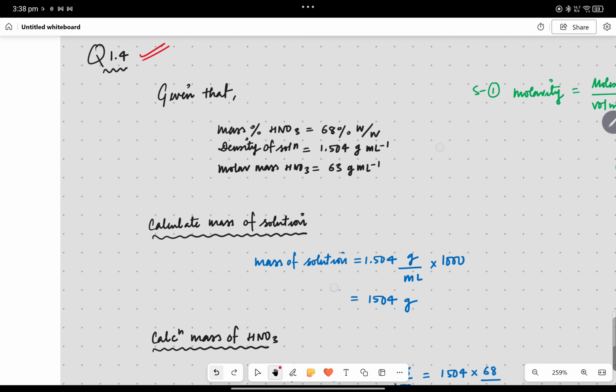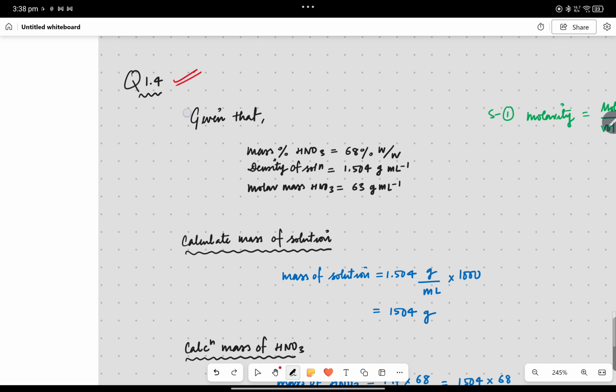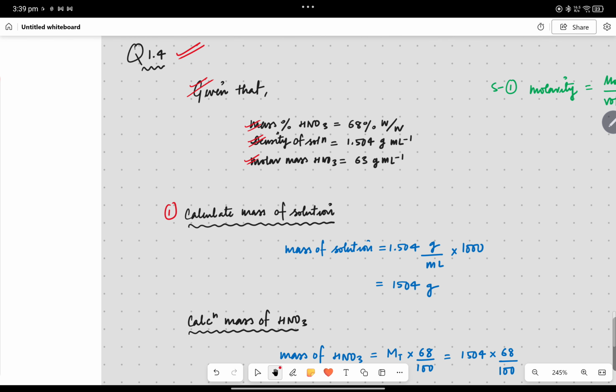Okay, so first of all, you have to write the given data. The given things are the mass percentage of HNO3, the density of the solution, and the molar mass of HNO3, right? The first step is to calculate the mass of solution, using the density relation that is given.